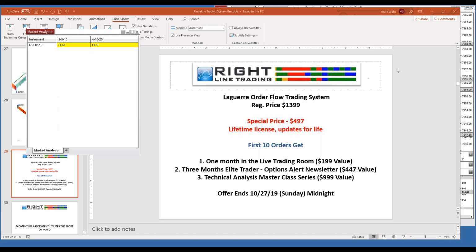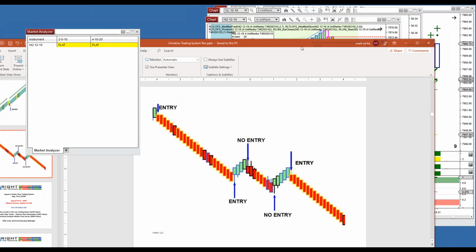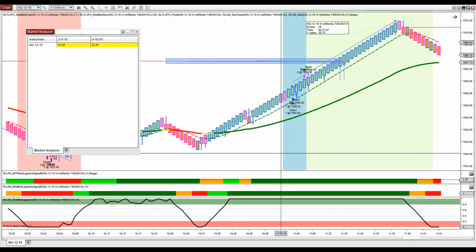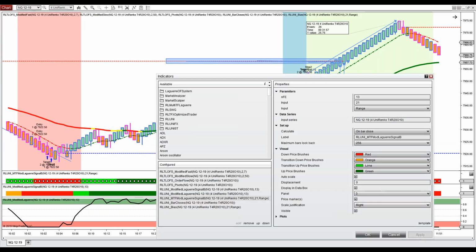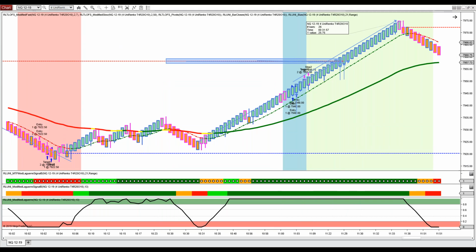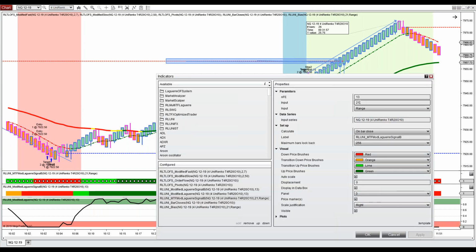The third hidden gear is the higher time frame that you don't have to program in. It's right here. It's not really hidden. This analysis is based on 3 time frames. Well, 2, to be honest with you, because your chart speed is irrelevant. So what you're looking at here is the 13 and 21 range. When you put in 21, it automatically defaults to the 13 and the 21.